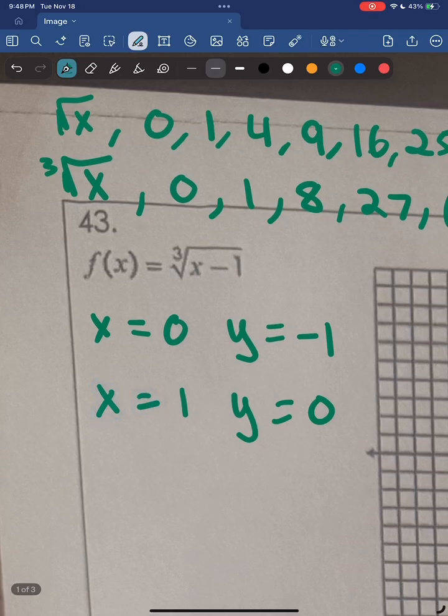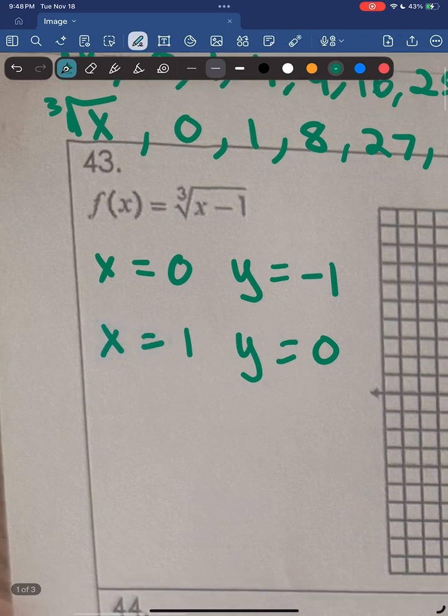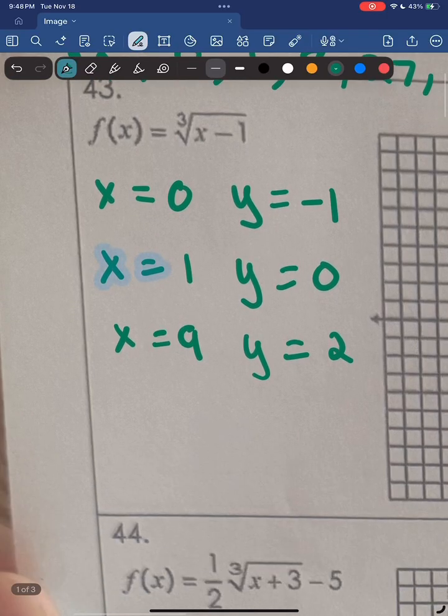So we could do x is equal to 9, and y is going to give us 2, because remember the cube root of 8 is 2. And let's go in the negative direction. So x is equal to -1. No, don't do -1. Do -7. Because -7 minus 1 would be -8, and y would be equal to -2.